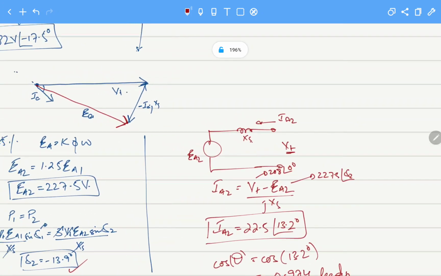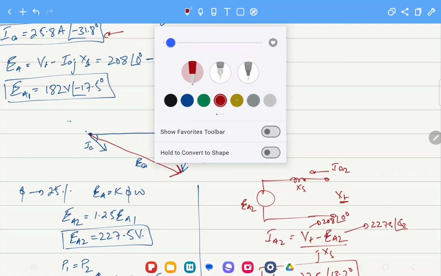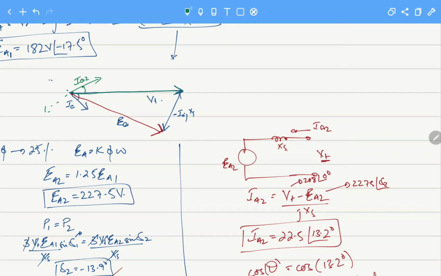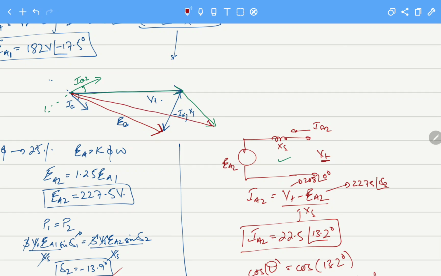And now if you want to draw this diagram, let's draw this in another color. Green will be the color. Again Vt remains the same, but now there is IA2, the current is now leading the voltage, and when we draw this from the KVL, here is the current vector, and the new voltage EA2 will be like this.